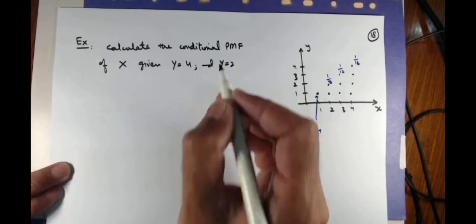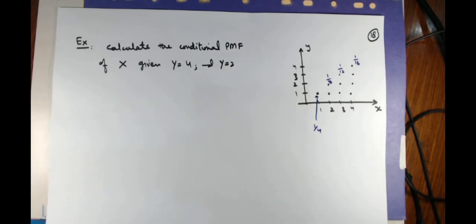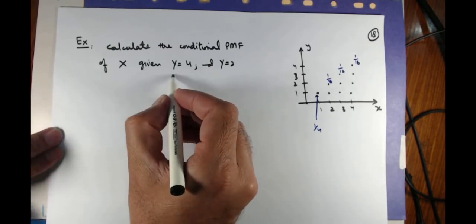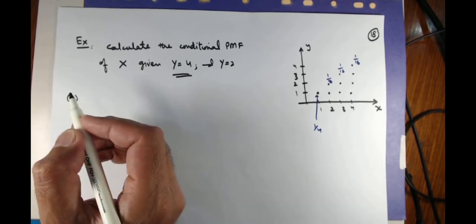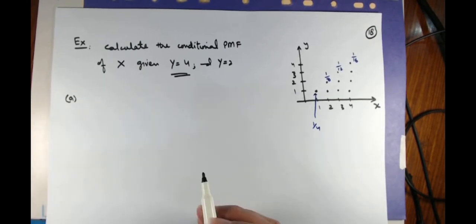Each time we take a value of Y, we can find a new PMF of X. So first we solve part A. What should be the formula?